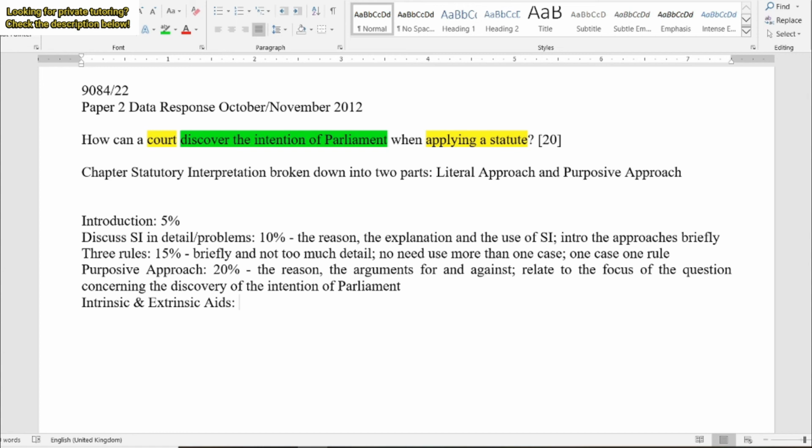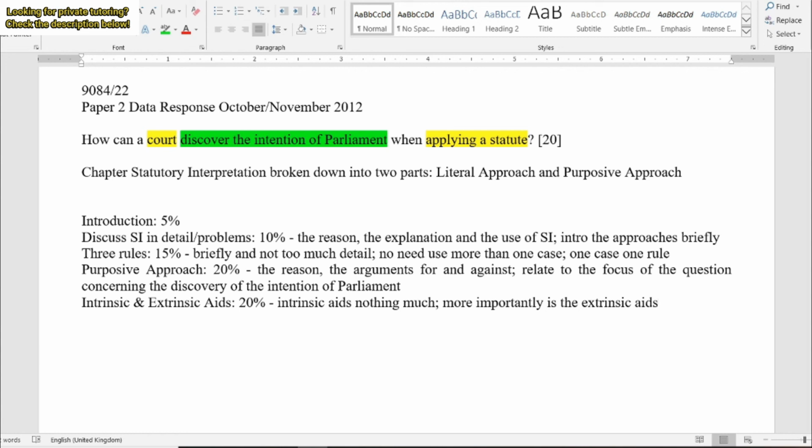So this whole thing is 20%, right? So for intrinsic aids, nothing much, just briefly should be fine already. More importantly is the extrinsic aids. You don't need to take down anything, I'll send this to you all later.